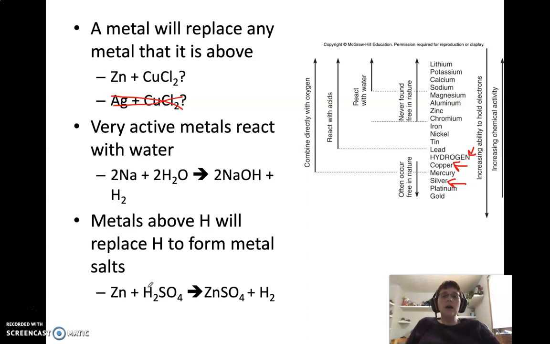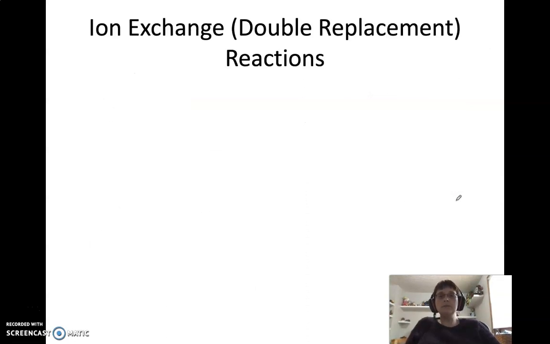So when we have hydrogen sulfate, that is going to be turned into zinc sulfate, and then the hydrogen gas will be released. So hydrogen will act as a metal compared to these guys when there are metal reactions going on. So those are single replacement reactions.